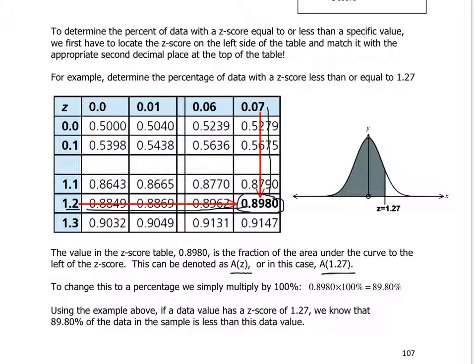To convert that to a percent, you multiply it by 100%, which gives 89.80%, so almost 90% of the data has a z-score less than 1.27. That means almost 90% of the data is less than that particular data value.